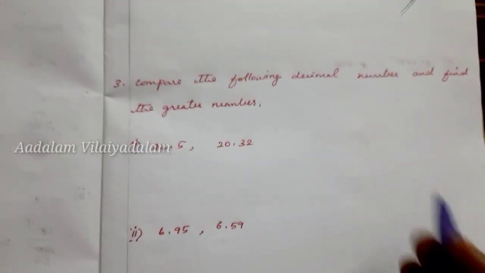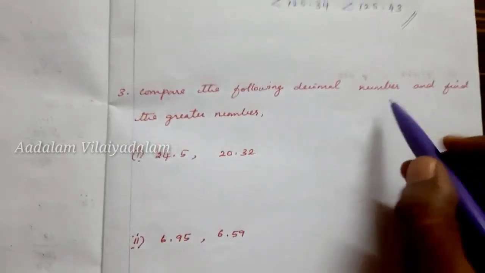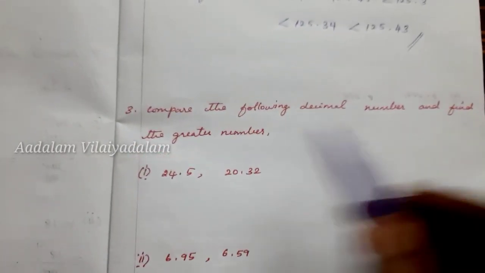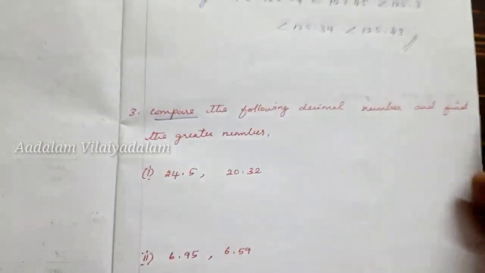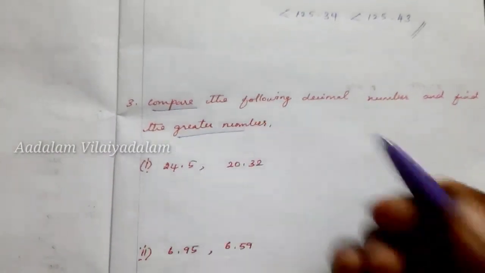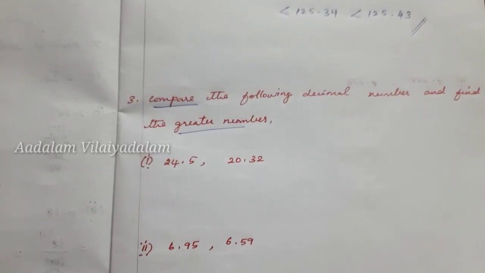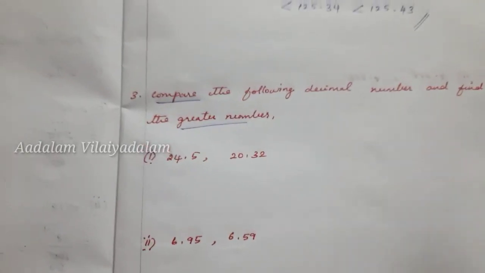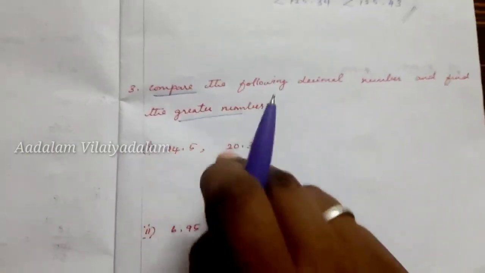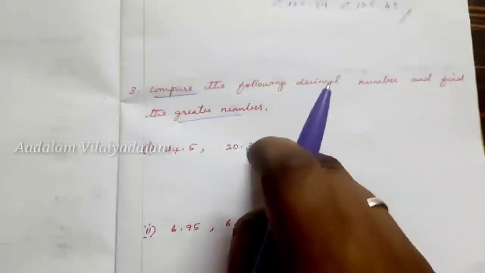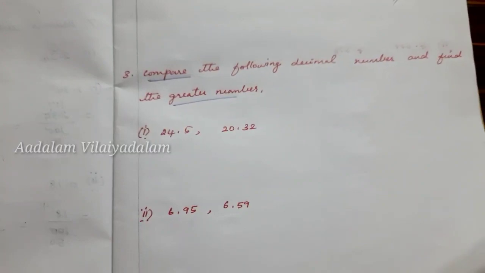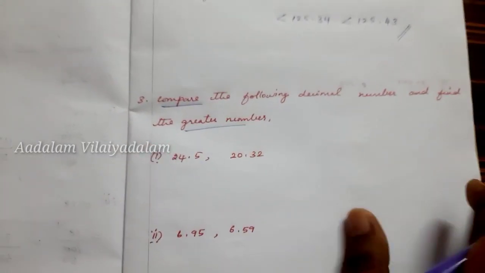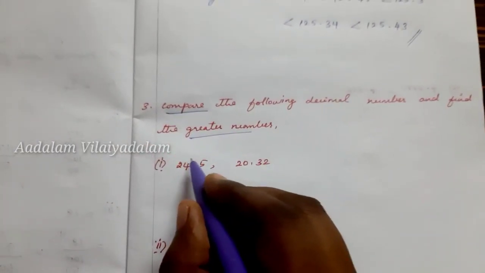Now the third question is, compare the following decimal numbers and find the greater number. So we need to compare and find out the greater number. What we need to do is compare the whole number and the decimal part, and in the end write the greater number. So compare this whole number.